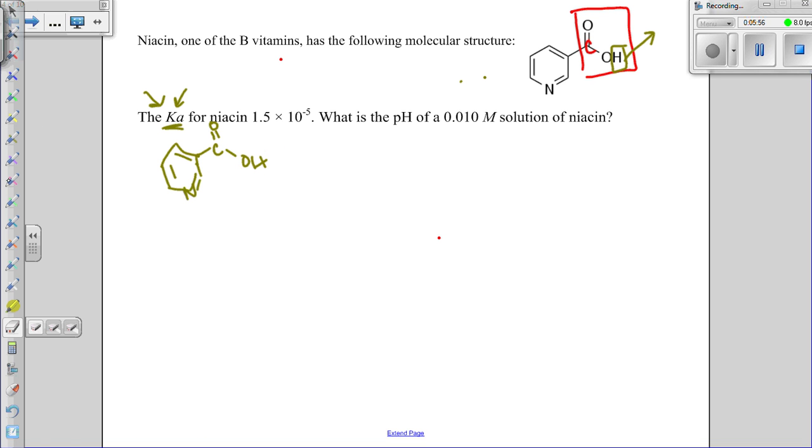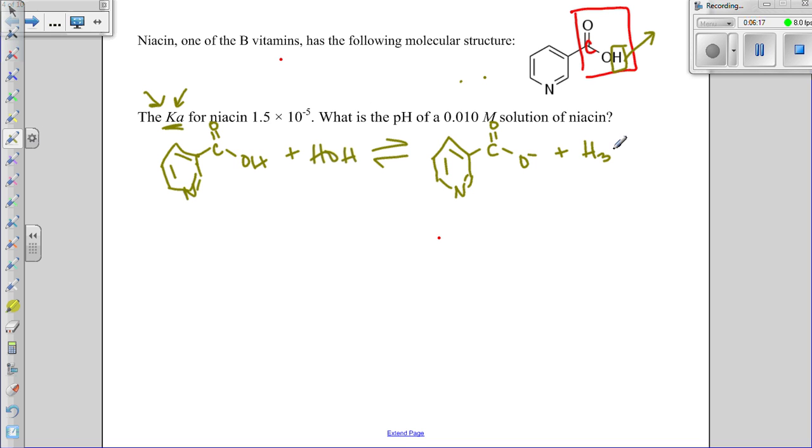Sorry. Okay, I'm adding that to water. So that is going to give us, this hydrogen will go over here. So we are left with this ion and the hydronium ion.